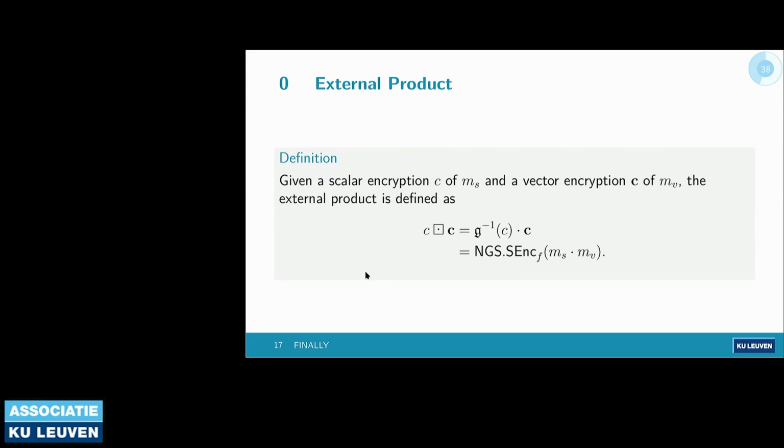So using this gadget decomposition, we now have a nice, neat thing called the external product. It basically lets us multiply two messages together using two ciphertexts, and the main thing to note is that it requires both a scalar encryption and a vector encryption, and then it returns a scalar encryption.